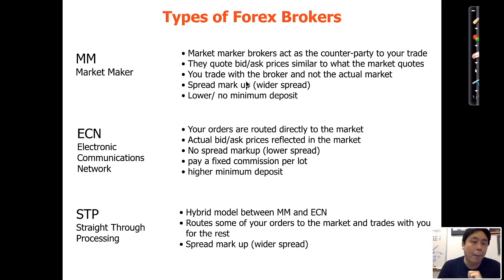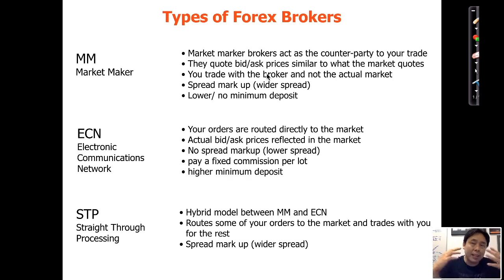And normally, market maker brokers make their commissions by marking up the spread. So if the normal market spread is 1 pip, they could mark up another 1 or 2 pips, so you see the spread as 3 pips. The markup is from the broker itself. Now, I do not use market maker brokers. Why?